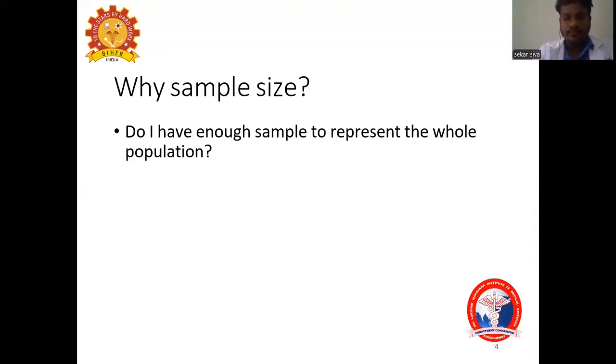Here, I mention determination instead of calculation or estimation. For example, you calculate a sample size based on the formula, and the formula says your sample size is 10,000. It could be very difficult for somebody to take 10,000 samples or 1 lakh samples.